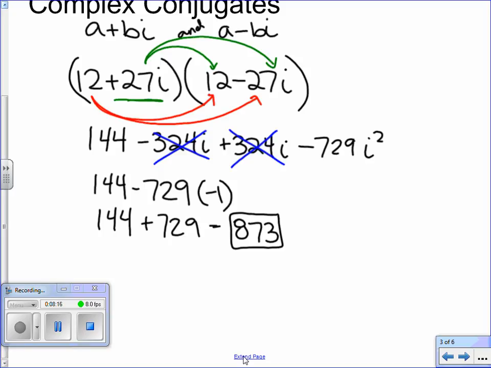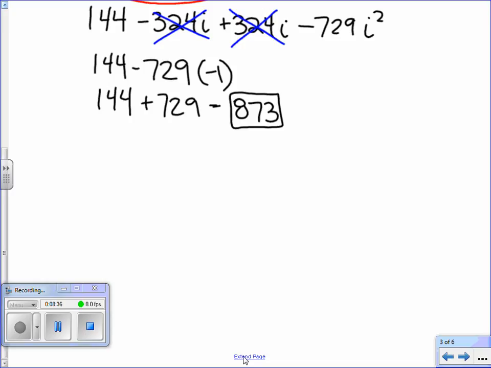Okay. Now, we're going to do a little more practice with complex conjugates, but before we do that, I'm going to use the a plus bi and the a minus bi to show you a little proof that this will always come out to be a real number. And we can also use my little proof as a shortcut, so we don't have to do quite as much work every single time.